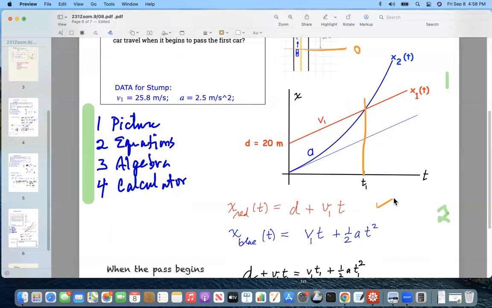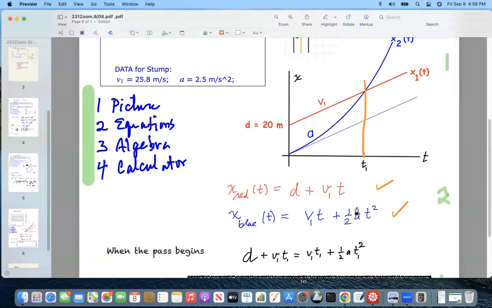This is the position or coordinate as a function of time for a car that starts with velocity v1 at time 0, and then it accelerates with acceleration a.